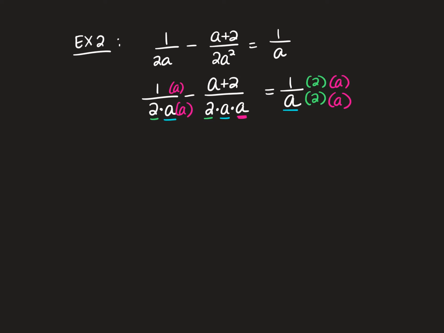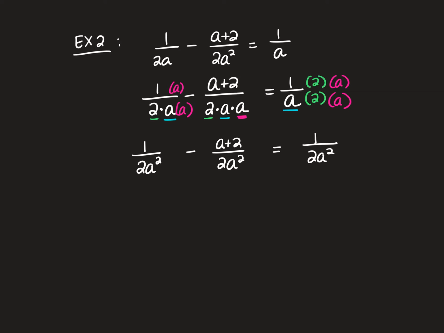So what I end up with here is 1 over 2a squared minus a plus 2 over 2a squared equals 1 over 2a squared. Now, to save us a little bit of time, we can multiply every single term by that common denominator.